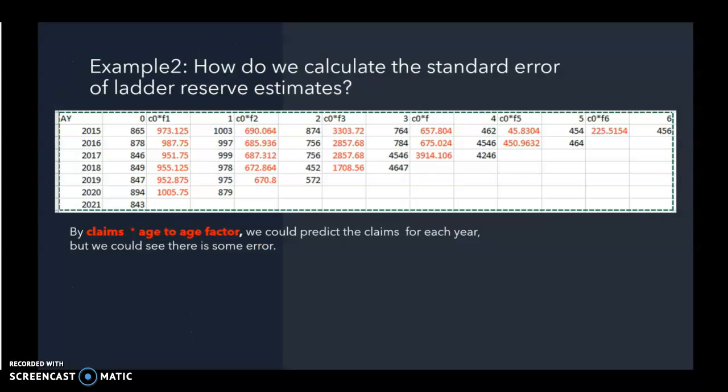So the other example is how we calculate a standard error. From this data we can see that the data we predict by using the loss times the age-to-age factor is not exactly the same as the real loss, so there will be some error.